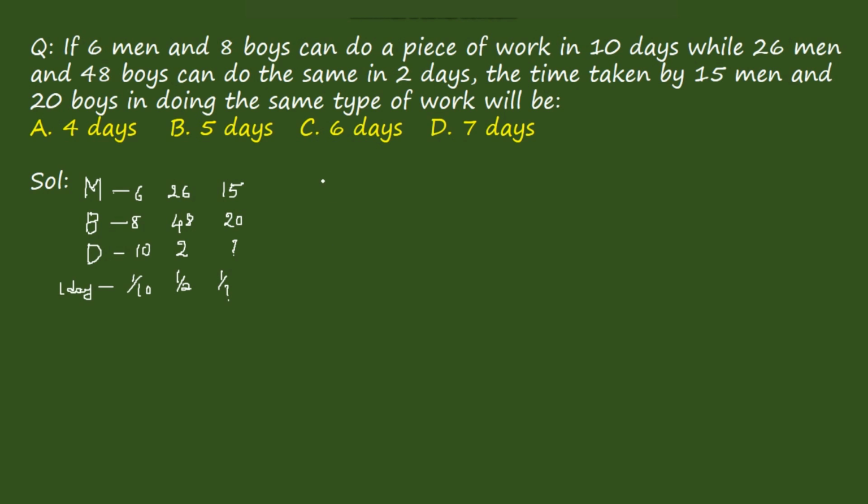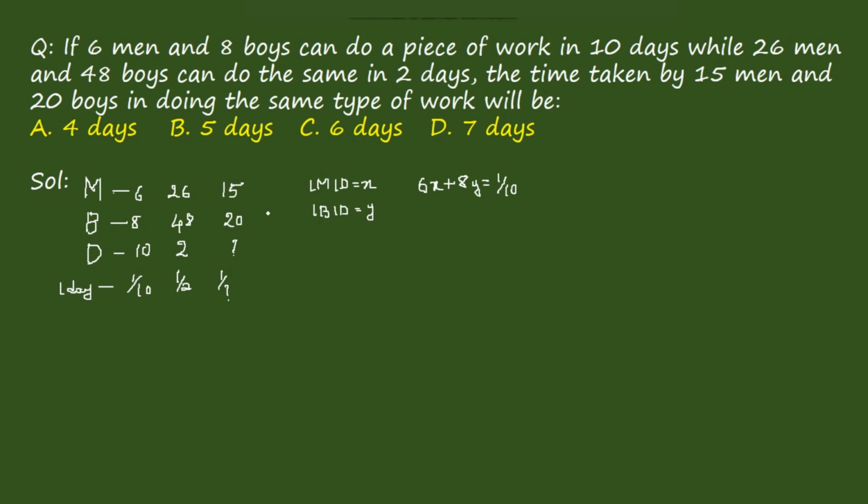In this case, we take 1 man's 1 day work as x, and 1 boy's 1 day work as y. Then 6 men for 1 day plus 8 boys for 1 day, the amount of work done is 1 by 10.